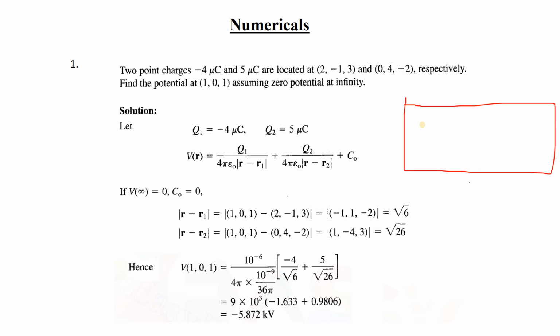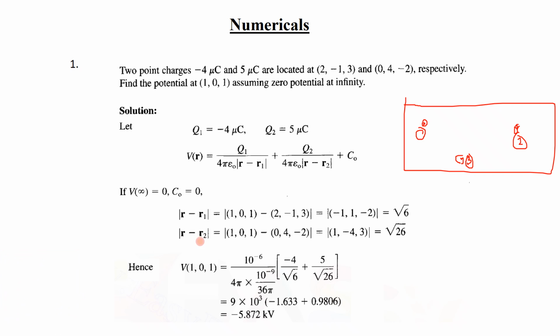In a space there are 2 points. This is point number 1, this is point number 2, so 2 points are there, and this is the third point.